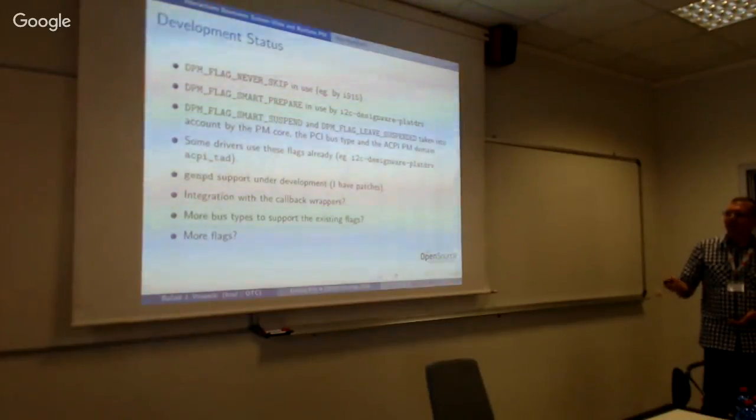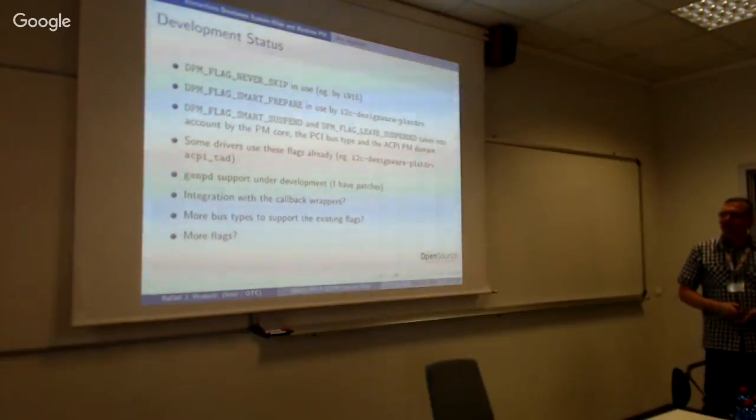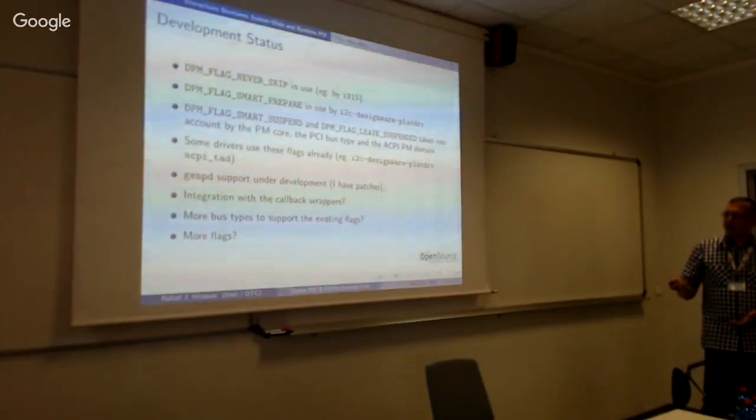So I would like to add support for the generic power domains framework. I have patches, but I haven't checked if they work correctly with the callback wrappers. So the open question is really how far we can get with that.